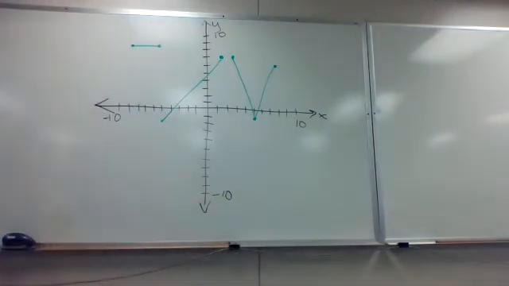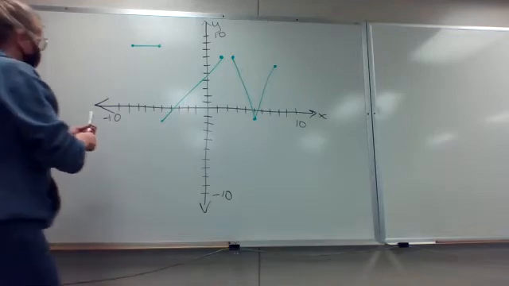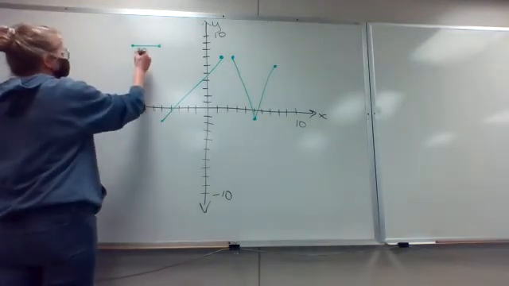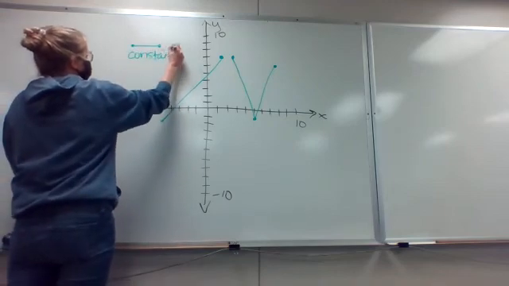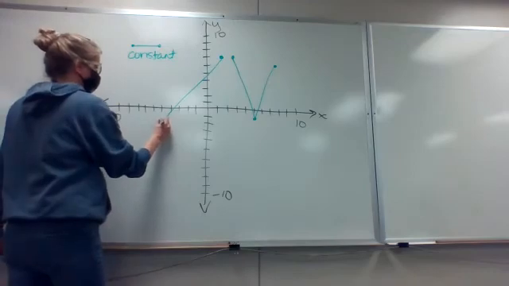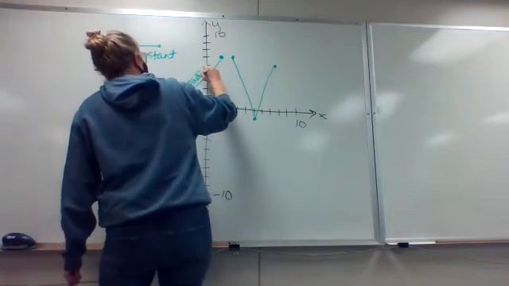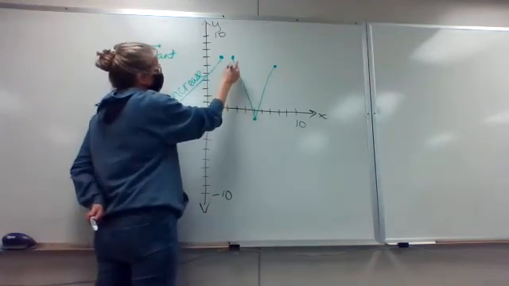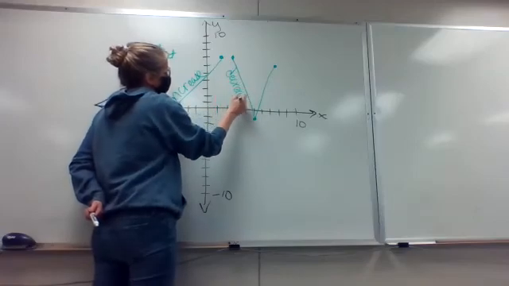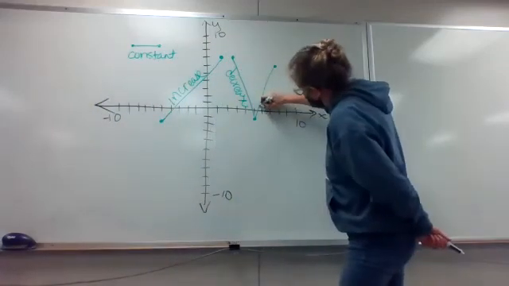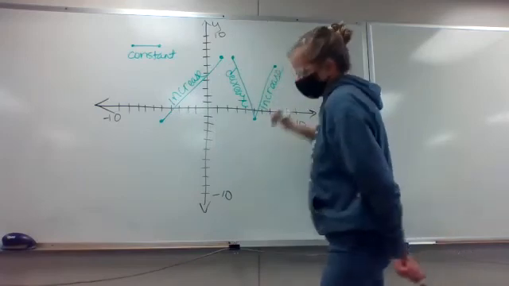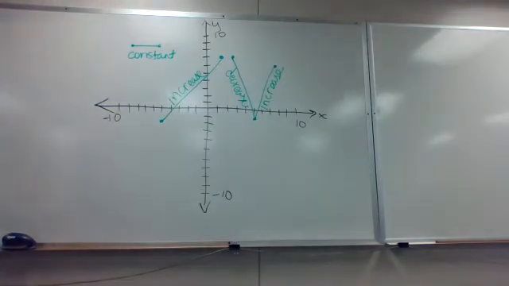Okay, let's see what's happening on the different pieces. I am constant here. I'm increasing here. Going down, so decreasing here. And increasing again. Now I'm going to go through and label the X coordinates.